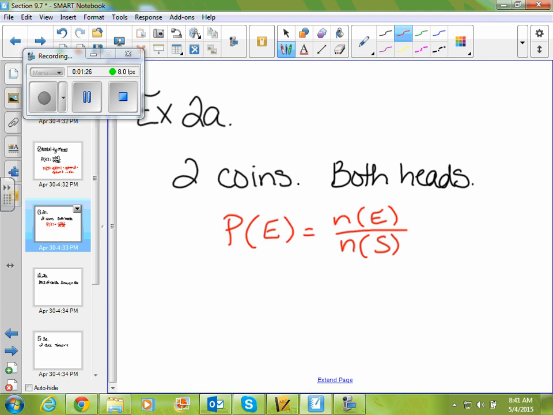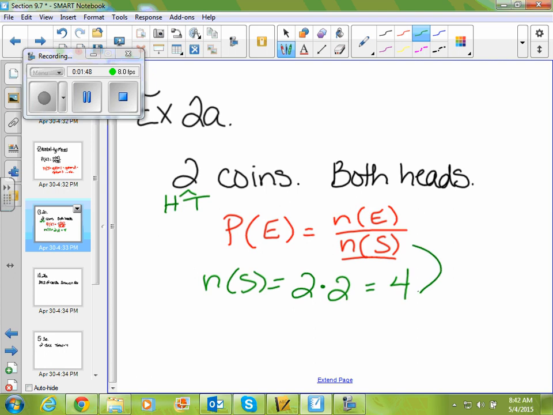To find my total number of options, I have to look at how many options I have for each coin. For each coin, I have the option of heads or tails. So that would be 2 options times 2 coins. 2 times 2 is 4. So I know that my sample size is going to be 4.